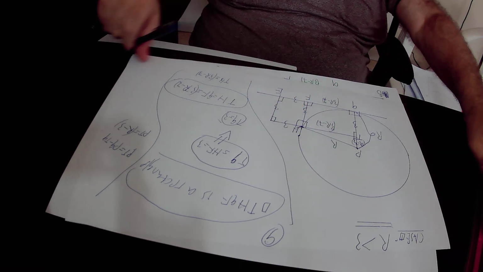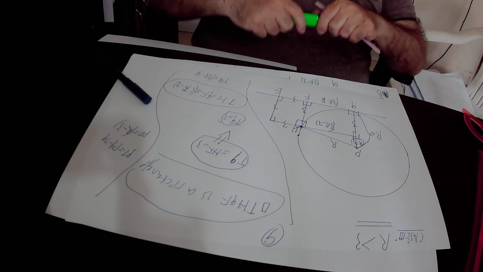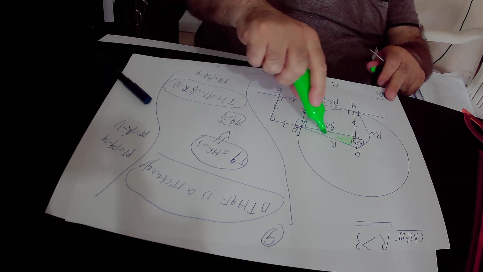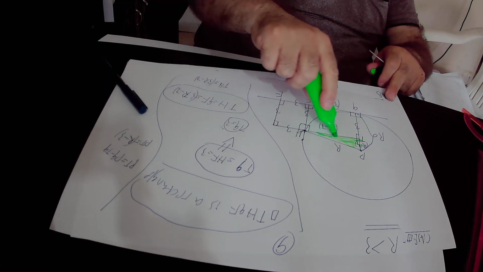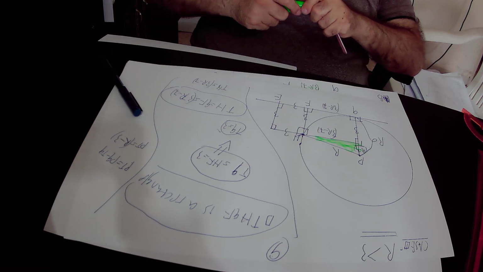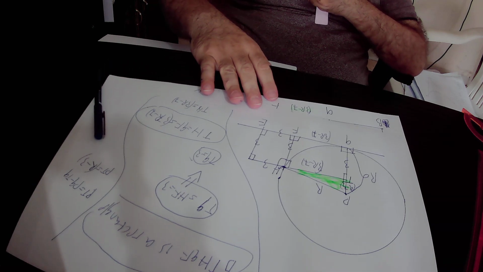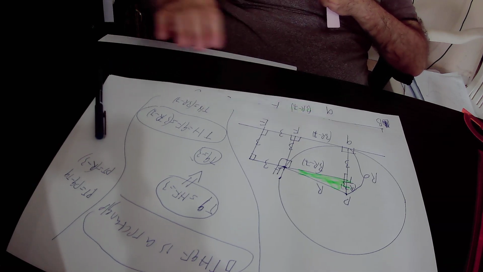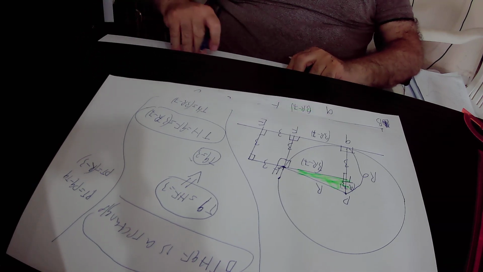In the next step, I'll copy the right triangle PTH in a new page, and we'll implement the Pythagoras theorem on this green right triangle PTH.